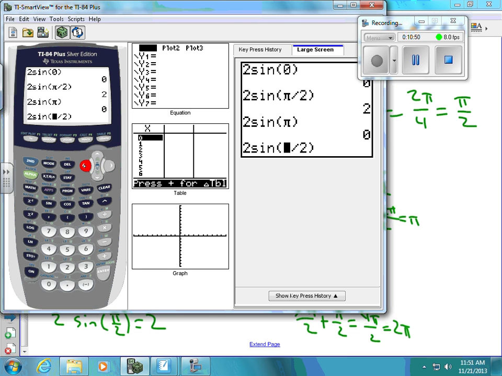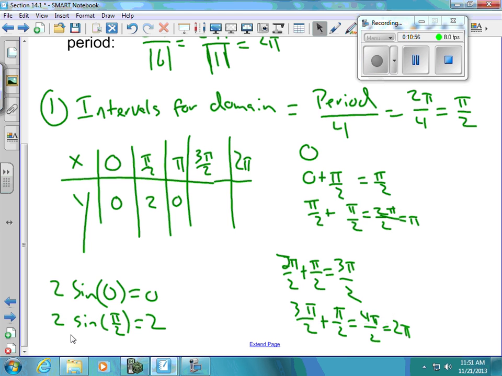And if I just hit second insert, 3 pi over 2, we said negative 2. So 2 times the sine of 3 pi over 2. Sorry about that, I'm going to write it down. And that is negative 2.